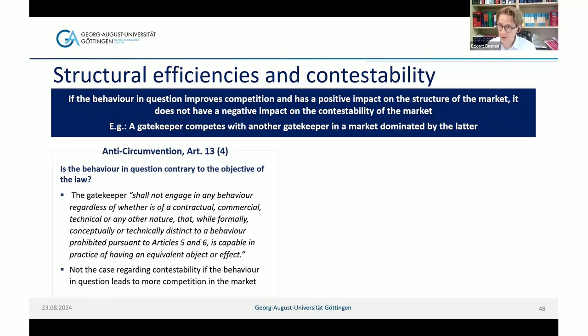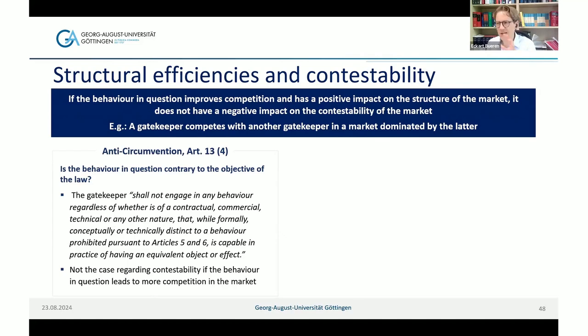And we would argue that if we have this kind of structural efficiencies that actually can improve contestability in a certain scenario, and that therefore lead to more competition in the market, we would say that the behavior cannot be subject to the anti-circumvention clause, even if the behavior in some of its effects looks very much like one of the prohibitions in Article 5 to 7, which is not fulfilled by its wording.